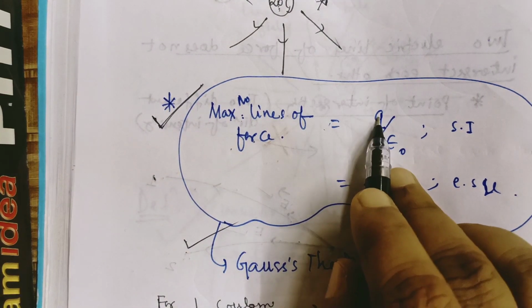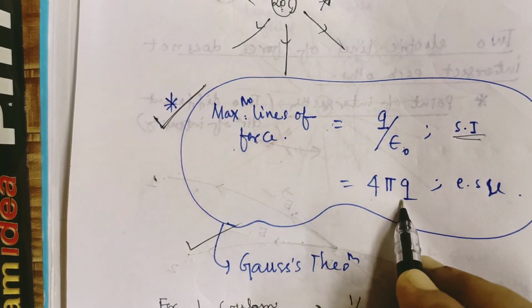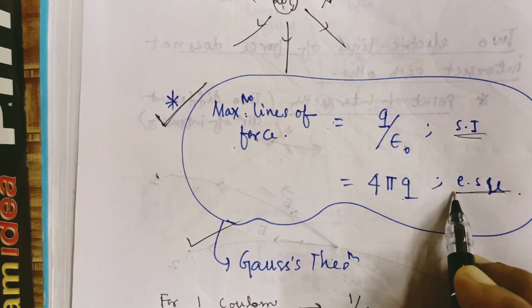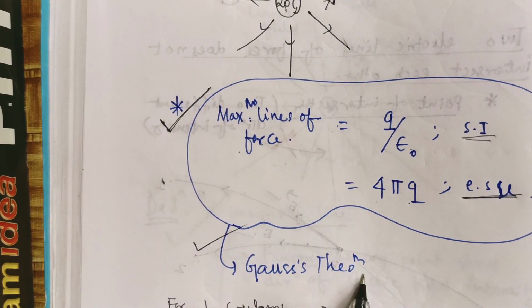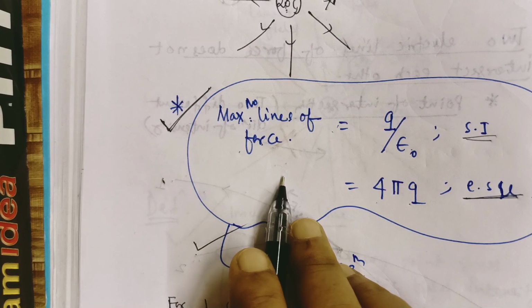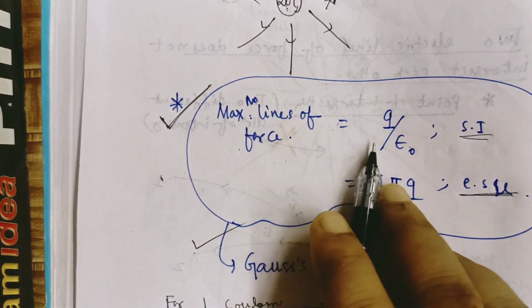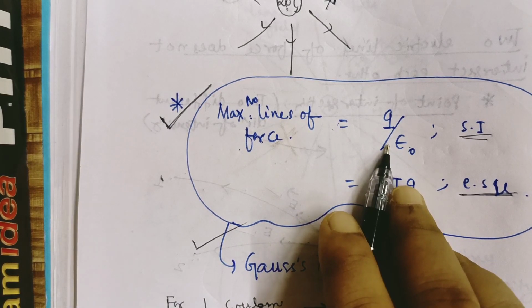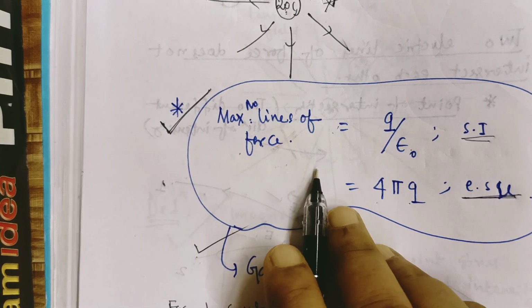That formula is Q by epsilon 0 in the SI system and 4 pi Q in the CGS or Gaussian or electrostatic unit system. How this formula comes, we will discuss in Gauss theorem. Only remember that if charge Q is given, you can calculate the maximum number of lines of force. For example, if in an exam the question is 1 coulomb of charge, what should be your answer?